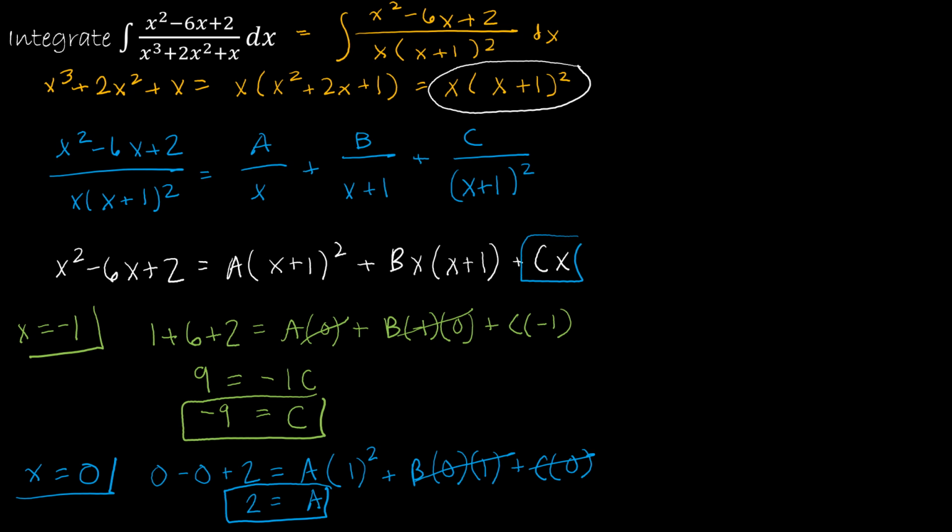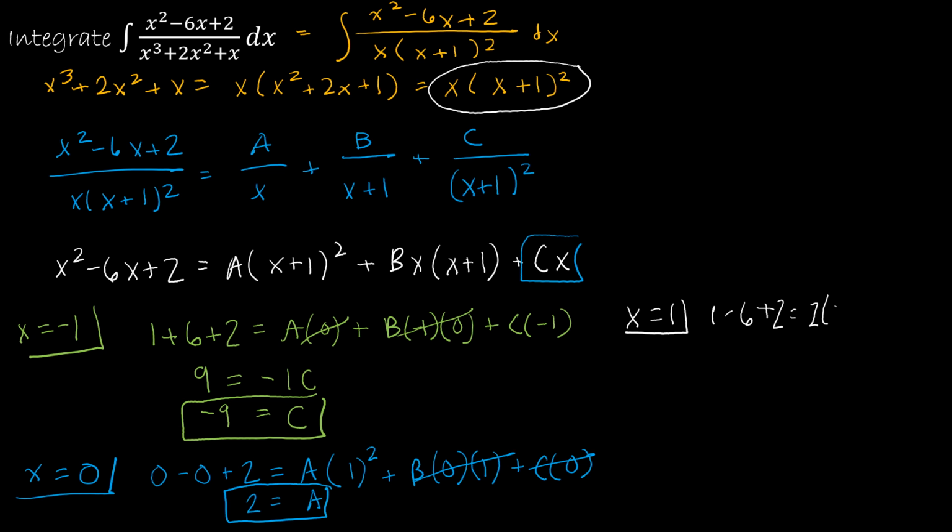Now for our last one, remember I can just choose any value of x that I want. So let's let x be 1. And I'm going to write then 1 squared, which is 1, minus 6 times 1, which is 6, plus 2. A is 2, so 2 times, what did I say?